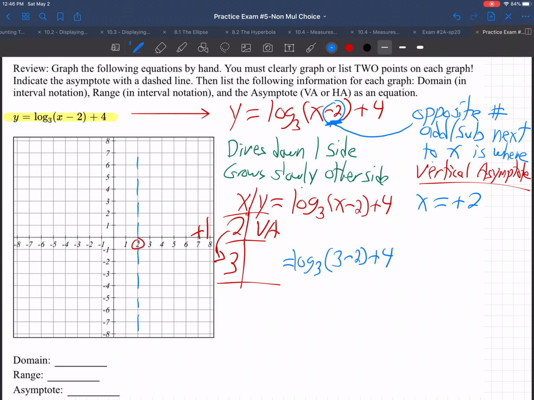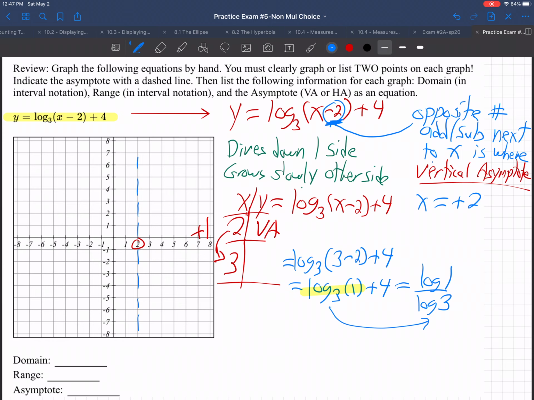So that'll equal log base 3 of 1 plus 4. Now, figure this out on your calculator. Here's what you do. You let the low part go low, so the log 3 goes to the bottom, and the log 1 on the top.